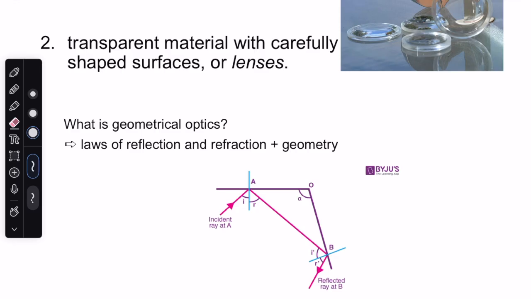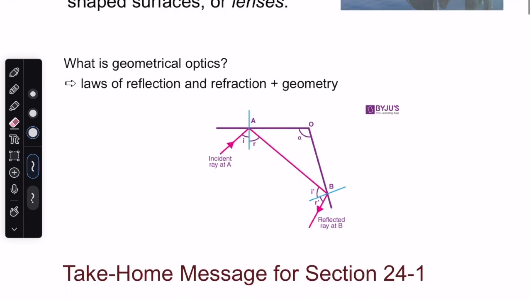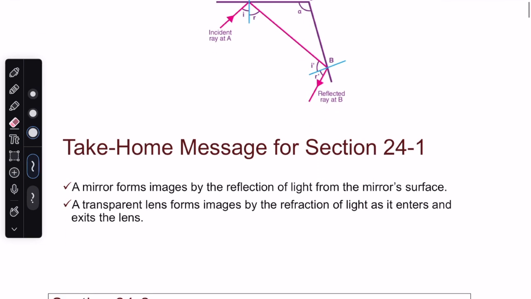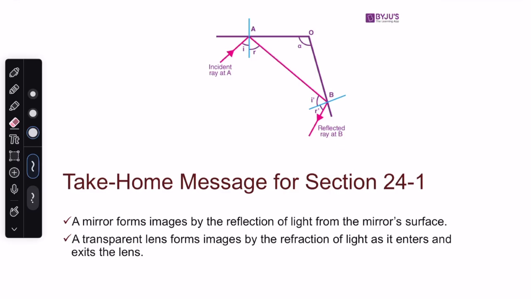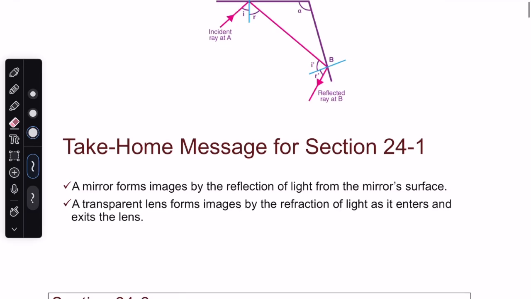It's basically taking the laws of reflection and refraction, and incorporating some geometry. So just to wrap up, this was just like a motivation for our study in this chapter, right? We are going to be examining mirrors, which reflect light, and lenses are the refractors of light. They're transparent, so the light's going to go through. It's going to change directions due to the law of refraction, Snell's law.